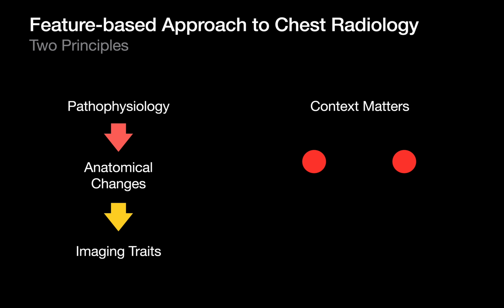There are two principles behind the feature-based approach we're going to emphasize. The first is pathophysiology creates morphology. A disease does something to the lung. That changes the anatomy, and the change in anatomy creates an imaging appearance.